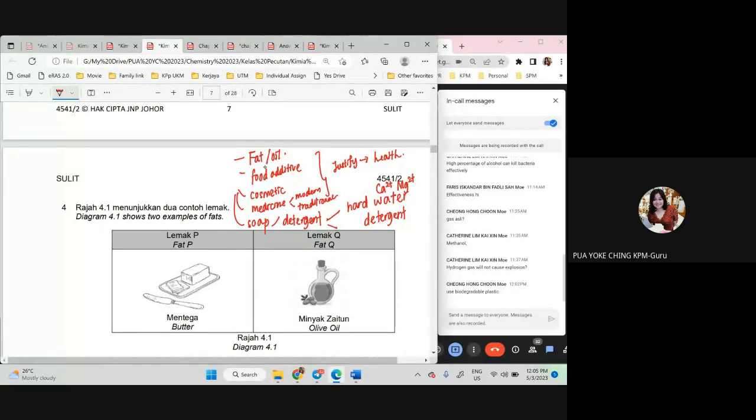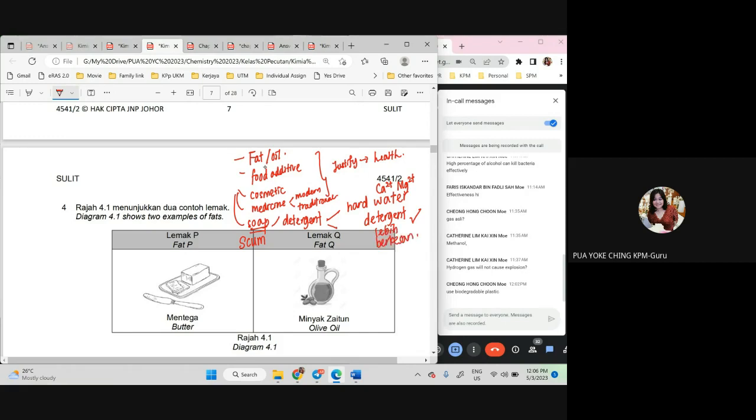Hard water is the water that contains Ca2+ and Mg2+. And soap will form scum. Okay, sabun akan membentuk kekat dalam air liat. So, dia menyebabkan sabun tidak berkesan. Dia tak boleh mencuci. Okay, membersihkan baju ataupun kotoran anda. Deterjen lebih berkesan.